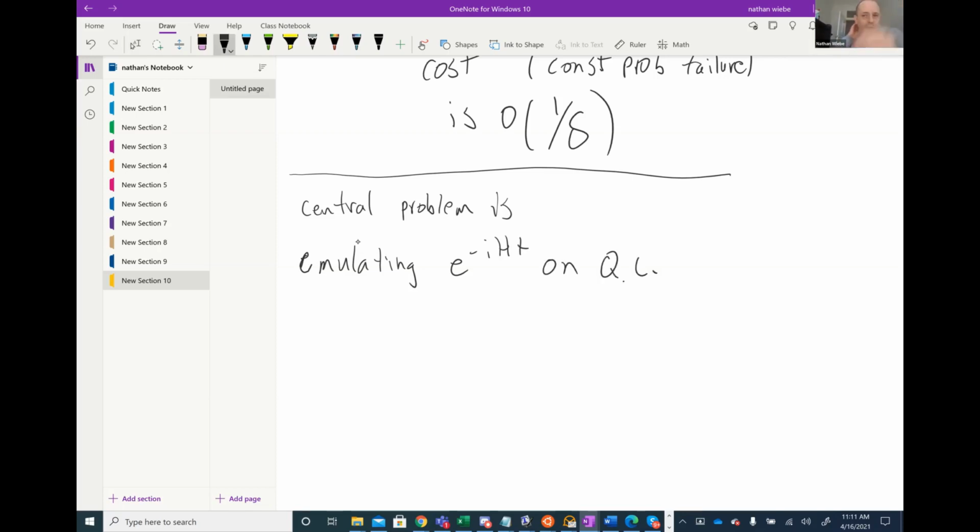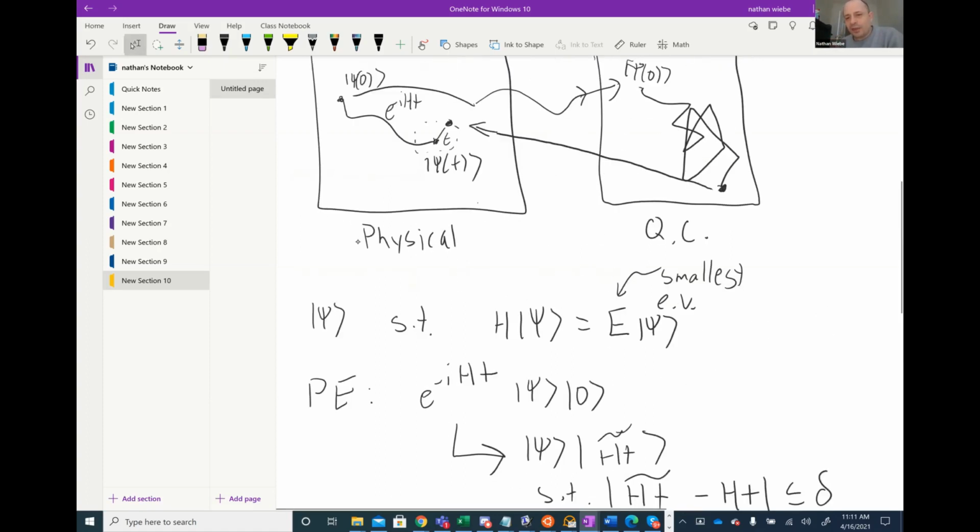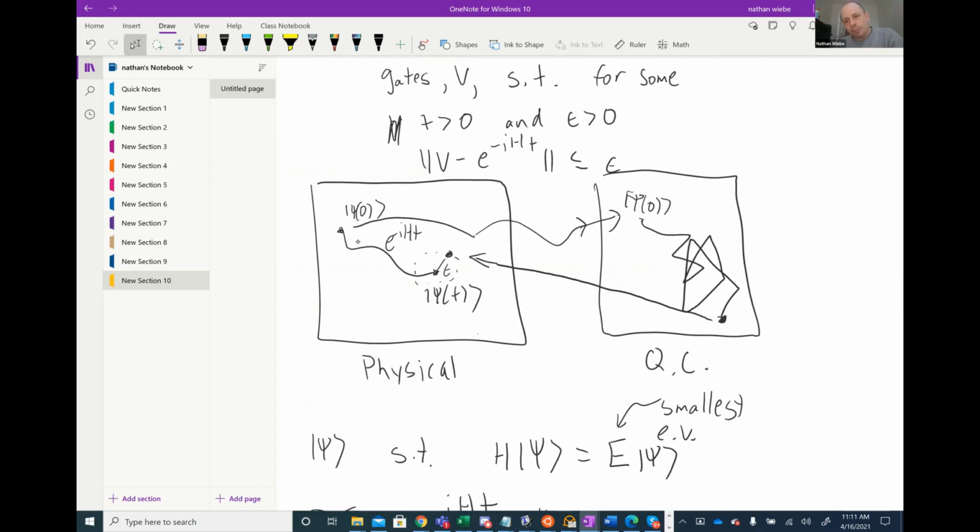Now, you might ask, okay, why am I using the word emulate rather than simulate? The reason is I think in retrospect, it would have been better if the field had called it quantum emulation rather than simulation. The dynamics that you see in the world of the quantum computer is actually logically equivalent to the dynamics that you would see in the physical world.